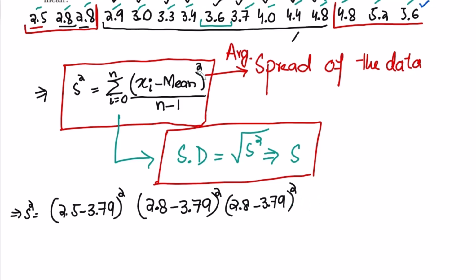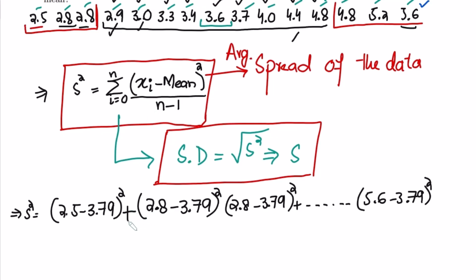Then I will do it for all the points which are here, up to 5.6 minus 3.79, and then square it.